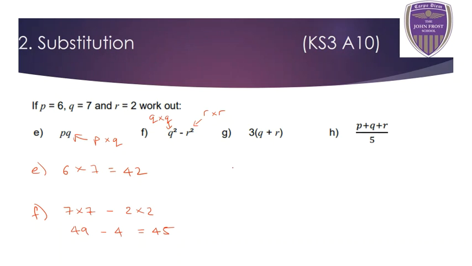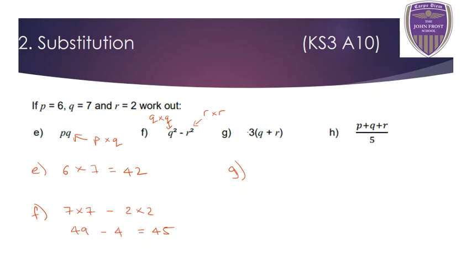Okay, on to G then. So you've got 2 choices with this one, really. You can either expand the bracket first, if you remember doing that in the other algebra stuff that we've done in the past, or work out the answer to the bracket and then multiply it by 3. So this means 3 multiplied by the answer to the bracket, because have a look here, in between the 3 and the bracket, there's no symbol.